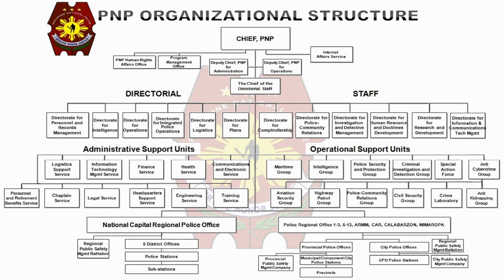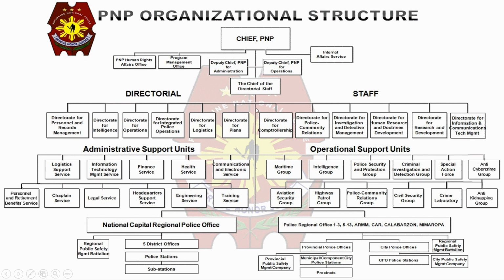Why is the PNP also a line unit? As we all know, the line type of organization is the simplest organization, or military type of organization. What it shows is the unbroken line of authority or connection between the units or divisions or the people in the organization. In the PNP, from the Chief of the PNP, there is no broken line.